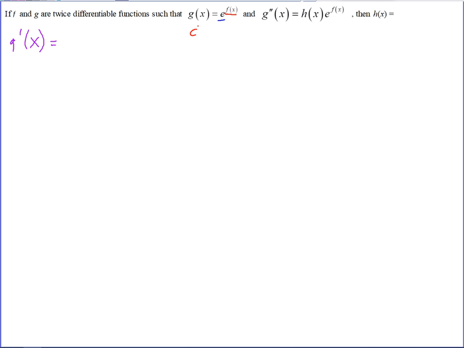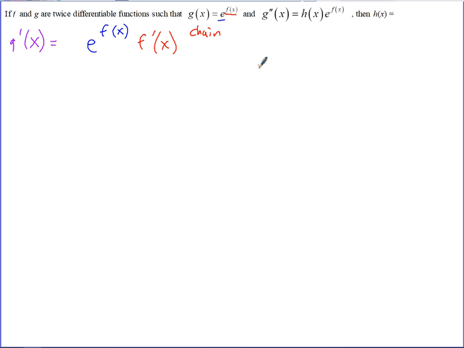So that's the chain rule. So the e part would stay the same. E to the f of x. The chain rule says we have to multiply by the derivative of the inside function. Derivative of f of x is f prime of x. So that'd be our first derivative.